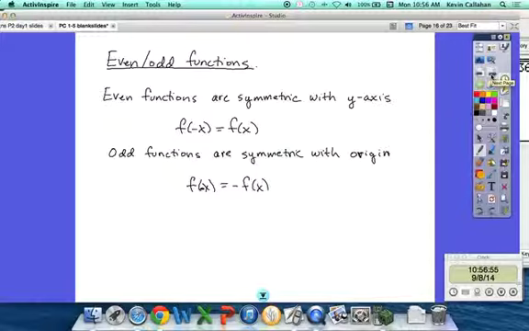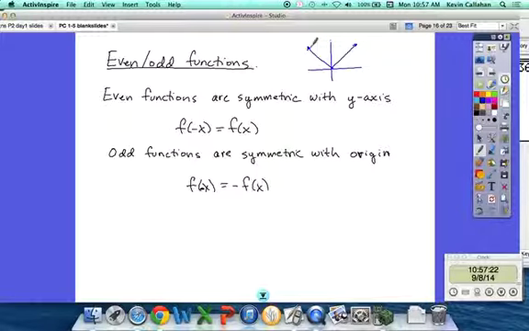Okay, and the last concept here, even and odd functions. An even function means that if you graph it, it's symmetric with respect to the y-axis. Something like absolute value. That's symmetric with respect to the y-axis, right?